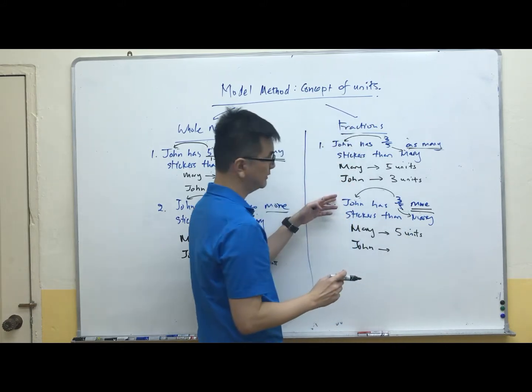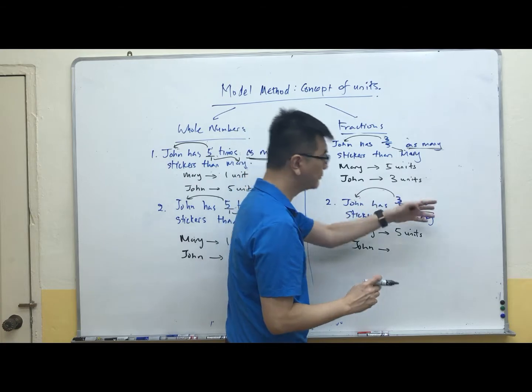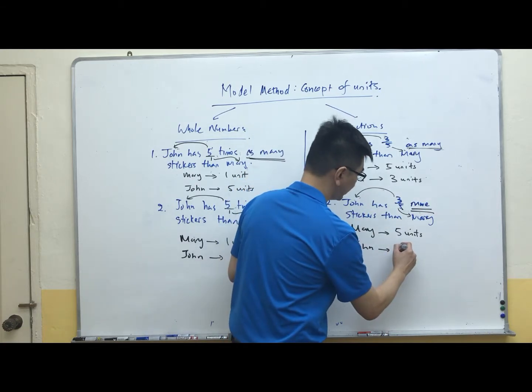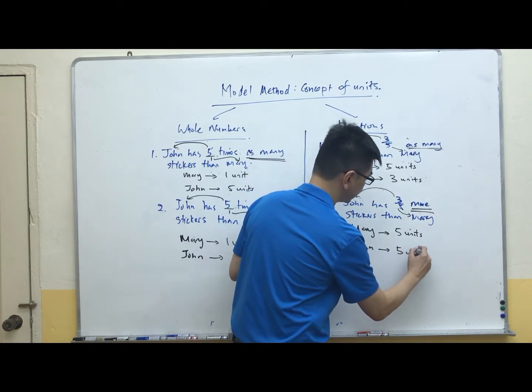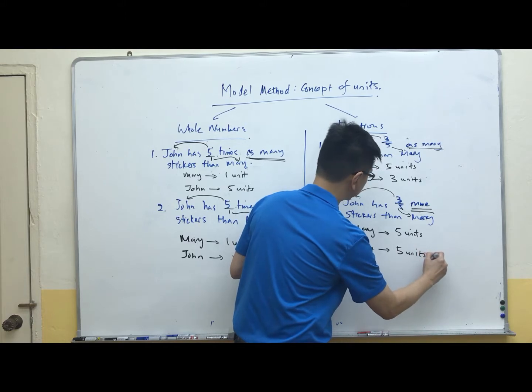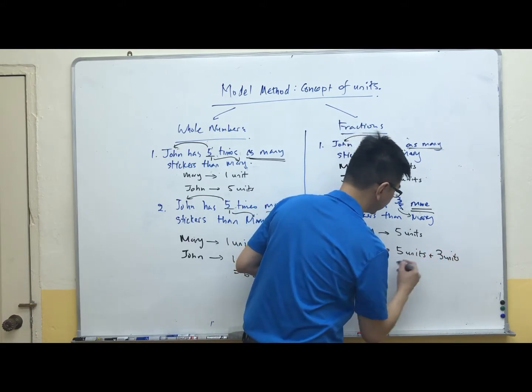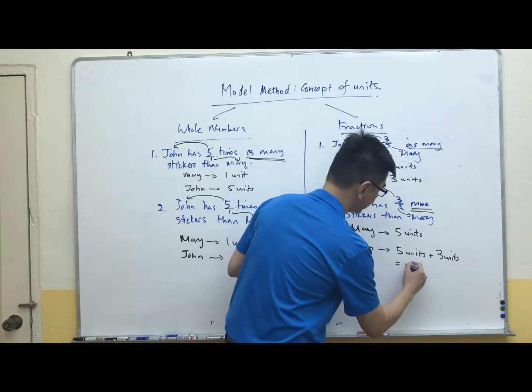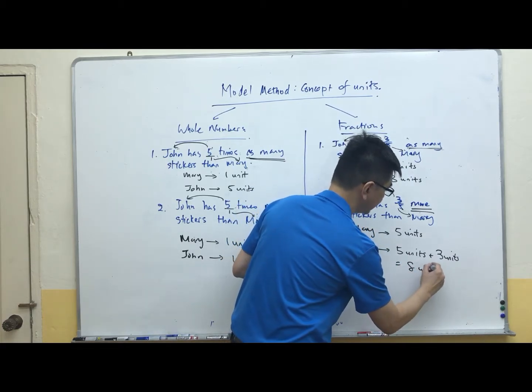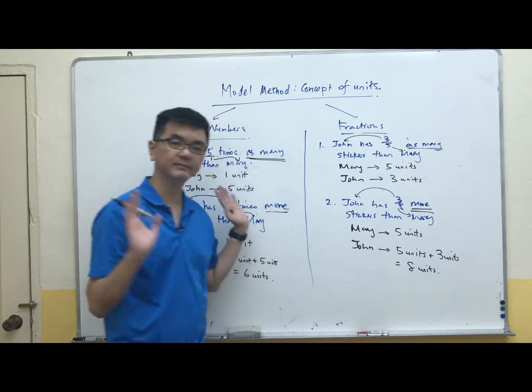Because John has 3/5 more than Mary, John will have Mary's 5 units plus the 3 units that are assigned to him, which gives John 8 units.